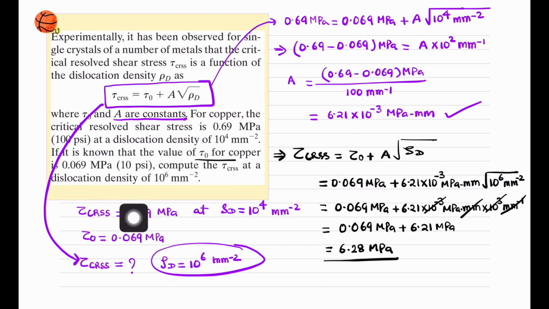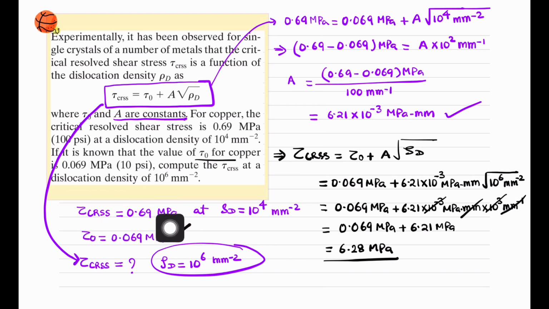So in this question overall, what was given to us? We were given the critical resolved shear stress value when the dislocation density was 10 to the 4 inverse mm square, and the value of tau naught, one of the constants of this expression.